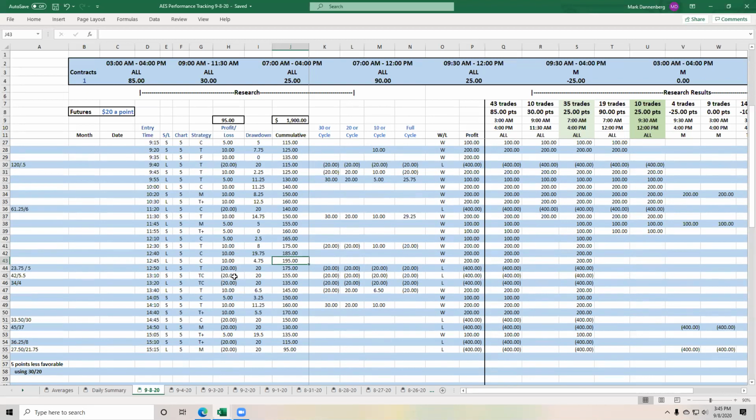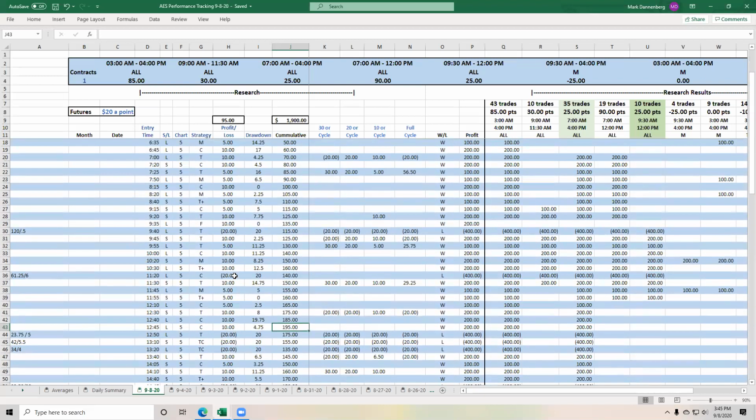Most people would not be trading in that time frame, and the reason is because most people in our community have a goal of somewhere between 25 to 50 points. A lot of people have a goal of 30 points of profit on average on a daily basis. 30 points of profit is $600 of profit per contract. That's $12,000 of profit a month on a one contract basis.